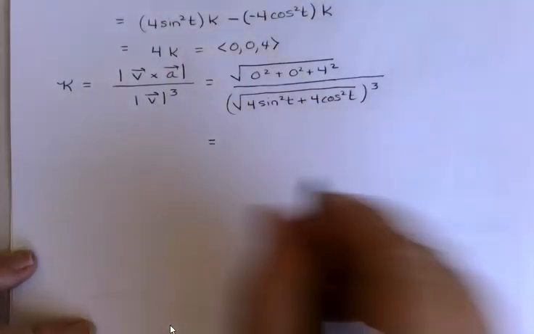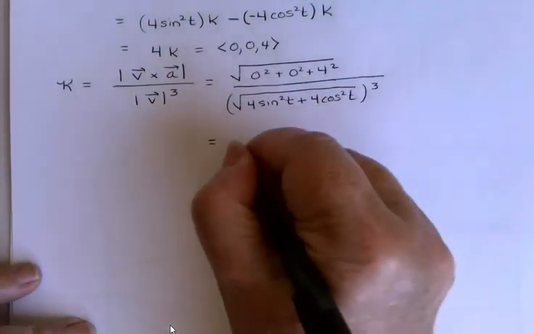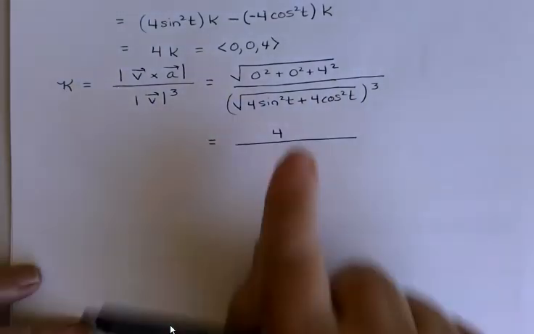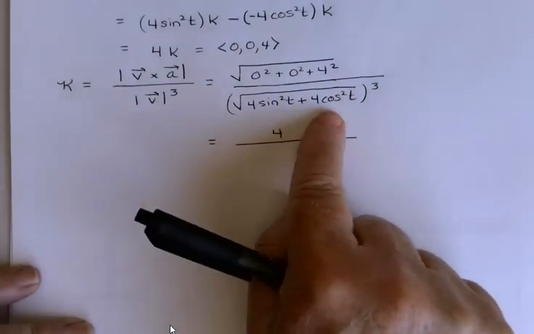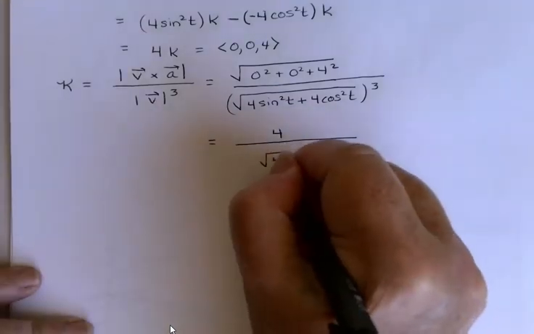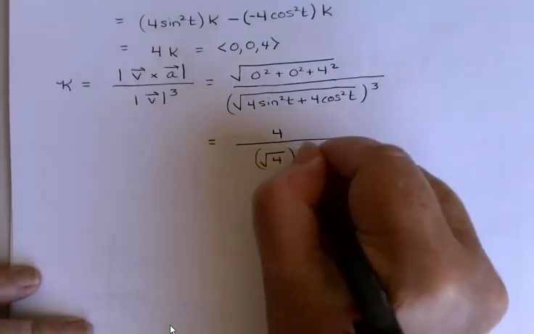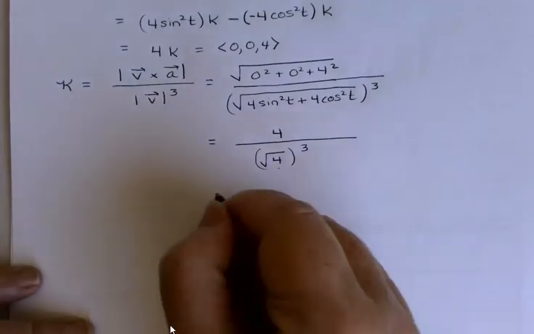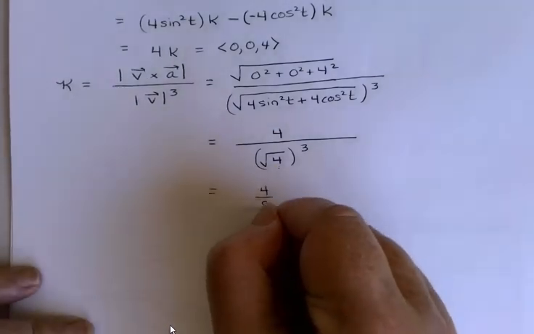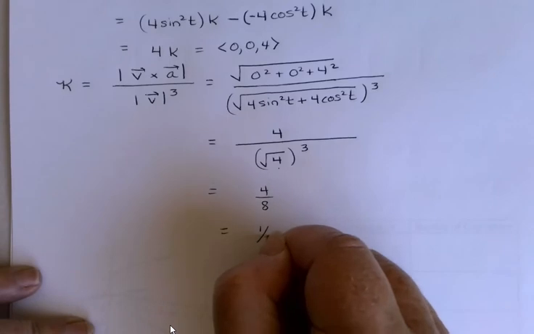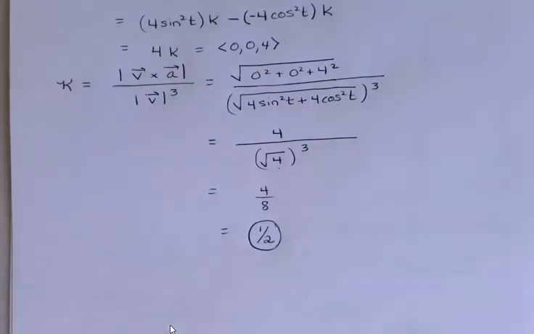All right, so the numerator, square root of 16 is 4. And in the denominator, 4 sine squared plus 4 cos squared is really just 4 under that radical. So that would be 2 cubed, or 8, giving me a curvature of 1/2.